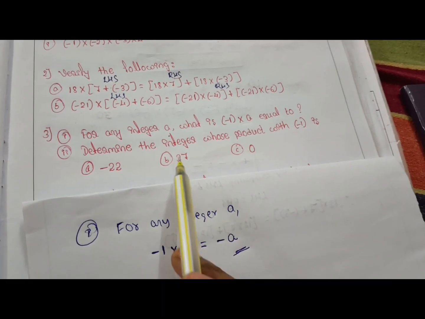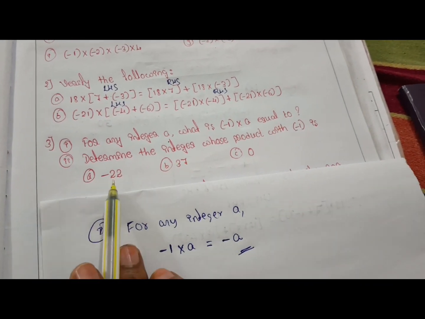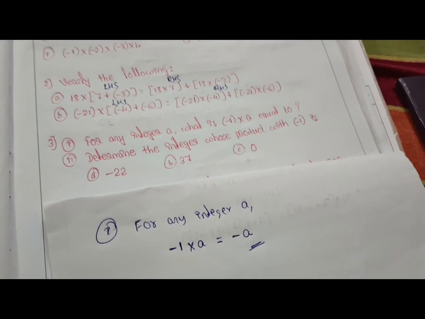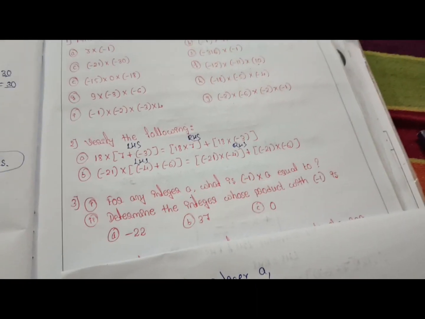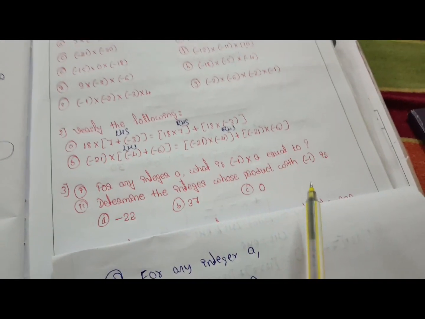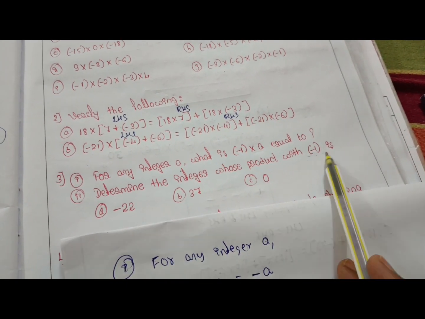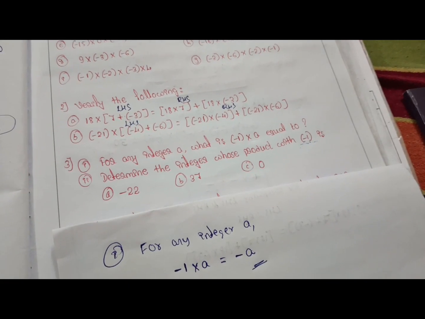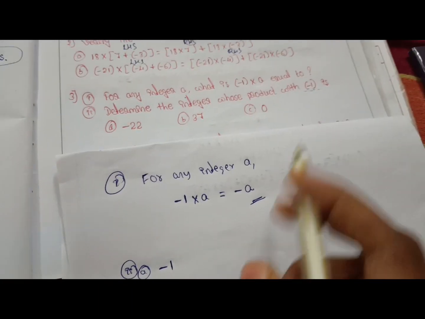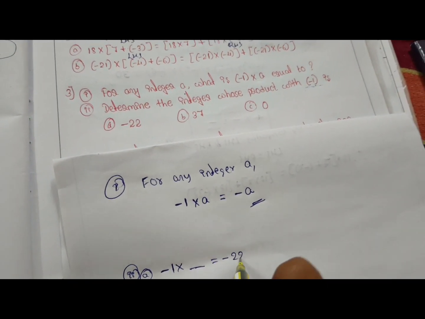Determine the integer whose product with minus 1 is: sub question A, minus 22; B, 37; and C, 0. Here to get minus 22, which integer do we have to multiply with minus 1? So (-1) × ___ = -22.